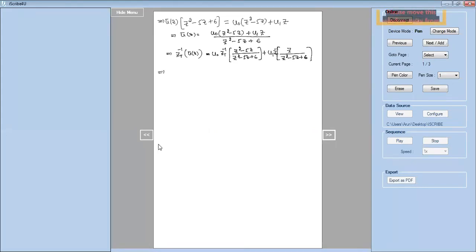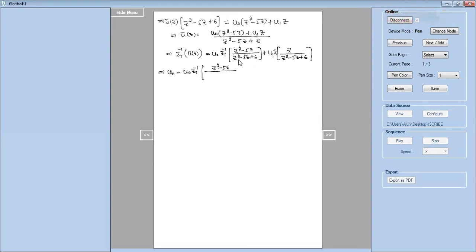So un equals u naught into the inverse Z transform of z square minus 5z divided by, let us factorize the denominator. We can write minus 2z minus 3z, since minus 2 into minus 3 is plus 6, and minus 2 minus 3 is minus 5.